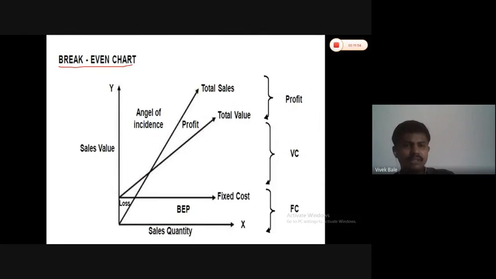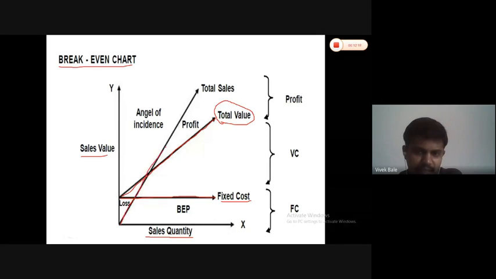See here, the break-even chart. On the y-axis, sales is mentioned. On the x-axis, the quantity of sales is mentioned. You can see this horizontal line indicates fixed cost, which is fixed. And above this fixed cost, this line goes, it is known as the total value. And from the center point, this line indicates the total sales.